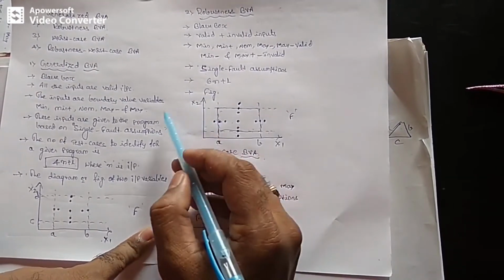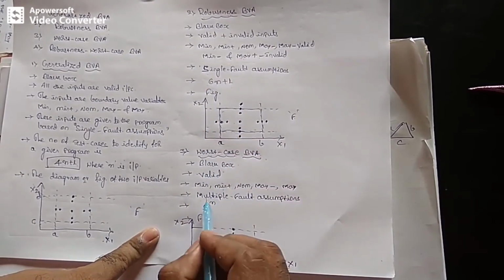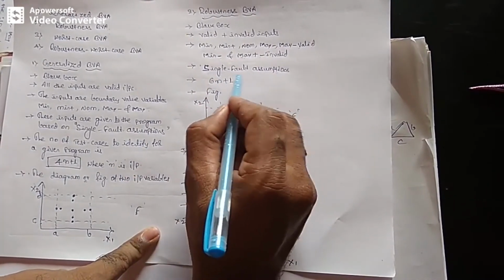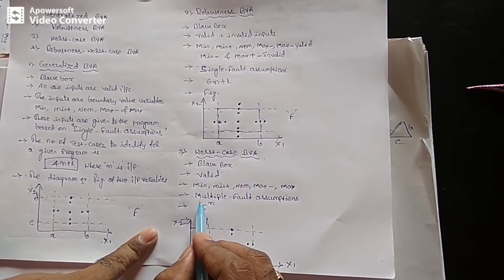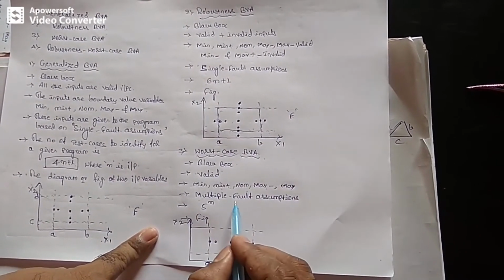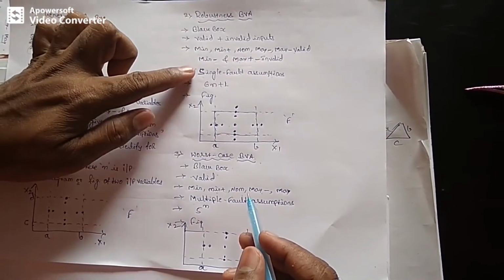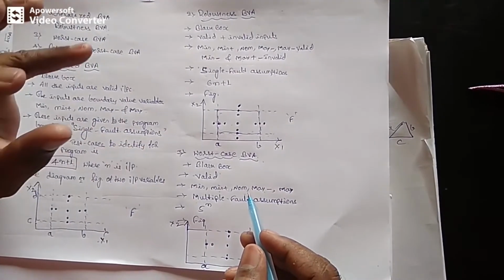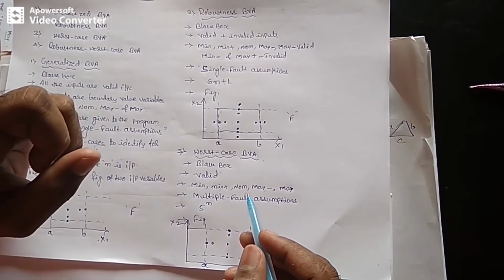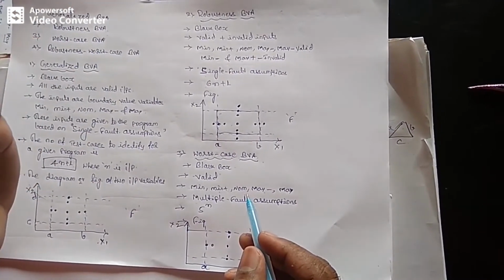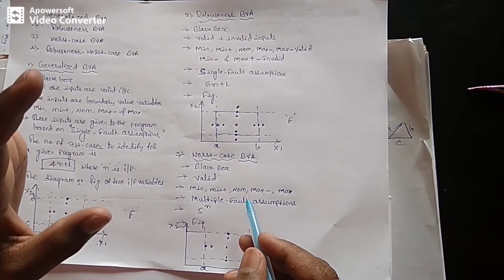But compared to generalized BVA and robustness BVA, which I initially told you are single fault assumptions, here it is a multiple fault assumption. What is the difference between single fault assumption and multiple fault assumption? In single fault assumption, if a program accepts n inputs, one input variable keeps changing with respect to the boundary value variables and the other inputs are kept at nominal.